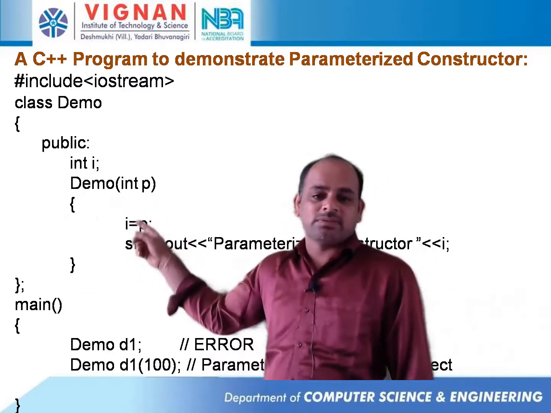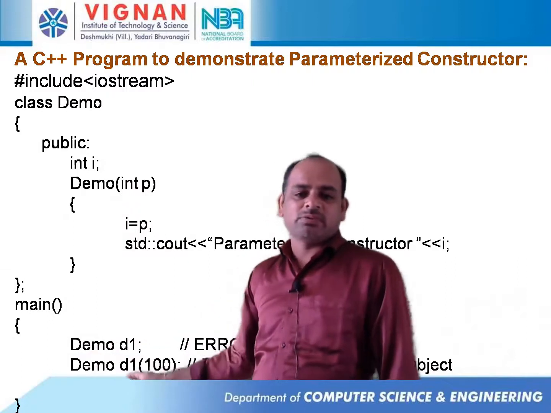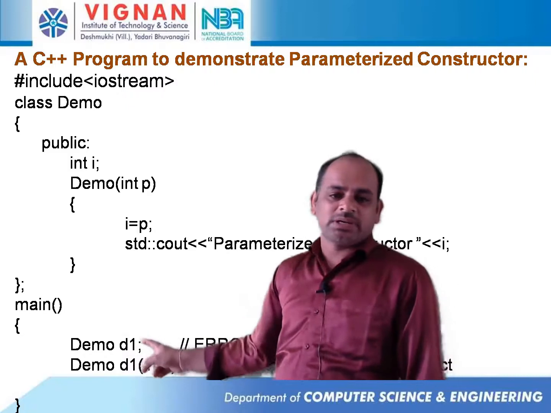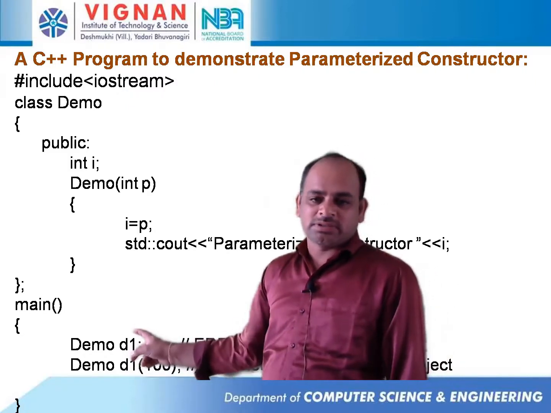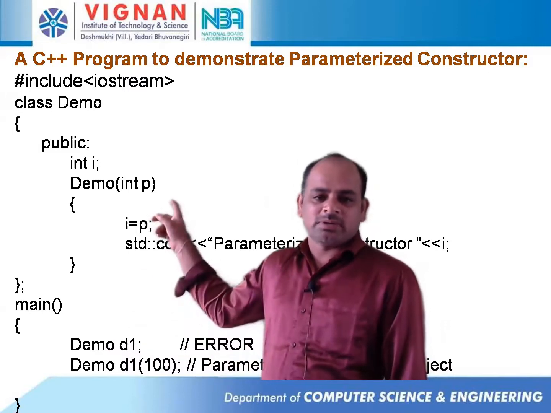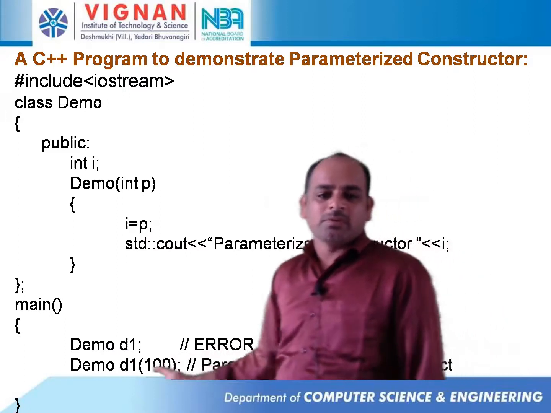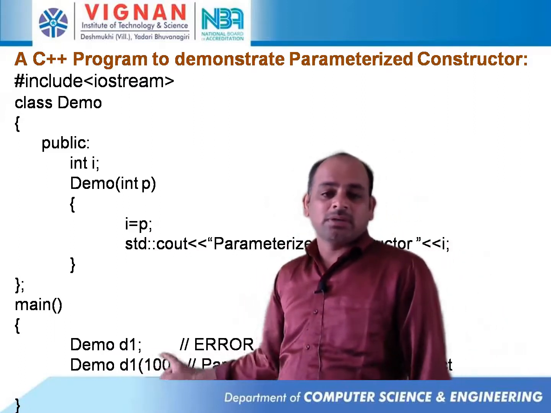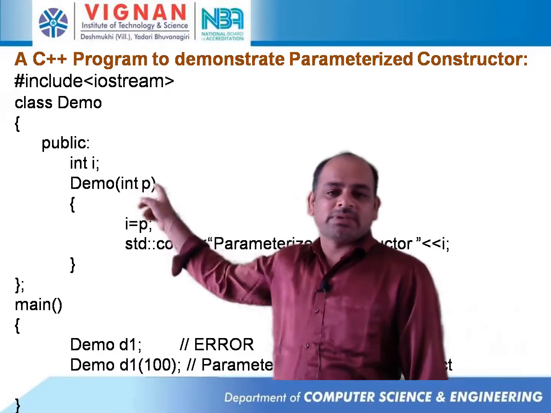Class declaration is over, and in the main function we have created two objects here, demo D1 object. When the D1 object is created, automatically the default constructor has to be called here, but we don't have any default constructor here. That's what will generate the error here. And for demo D1, we are calling a D1 object, and we are passing the parameter because our constructor is having one parameter here.